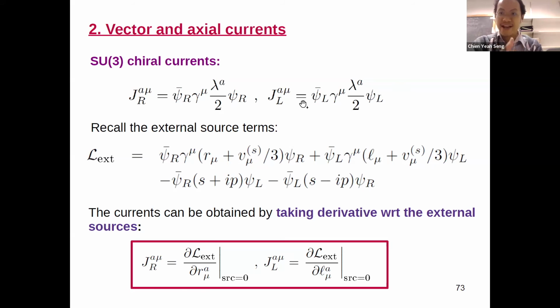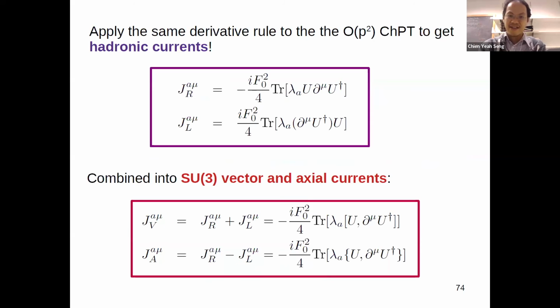So we can impose the same rule on the effective field theory Lagrangian, namely, these chiral currents in terms of hadronic degrees of freedom can be obtained again by taking the derivative of the chiral Lagrangian with respect to the external source. In the leading chiral Lagrangian, the external source appears in the covariant derivative.